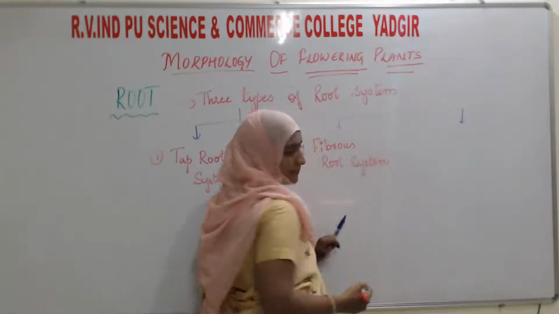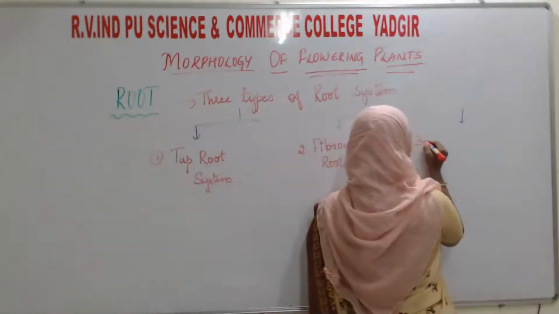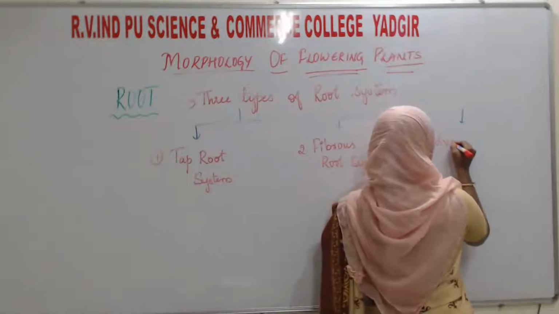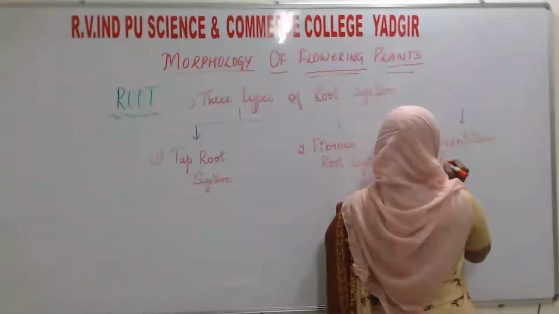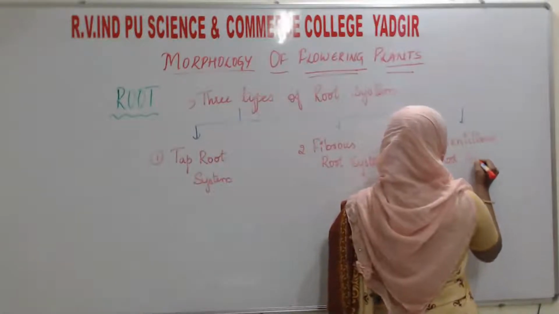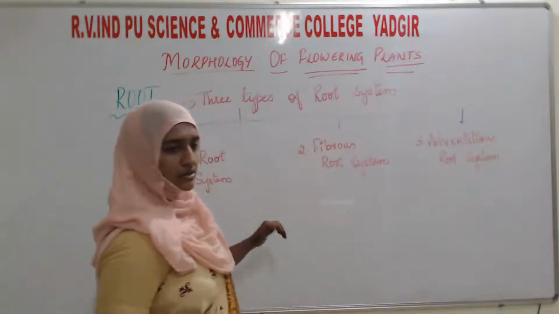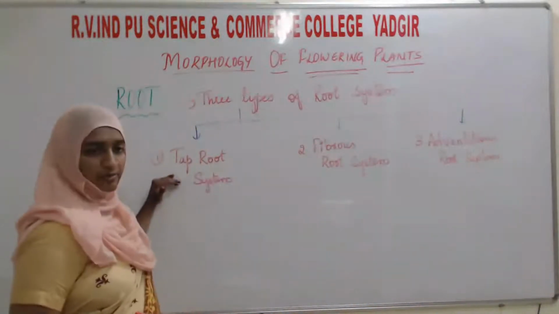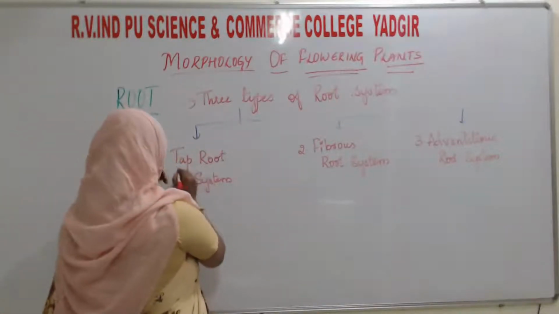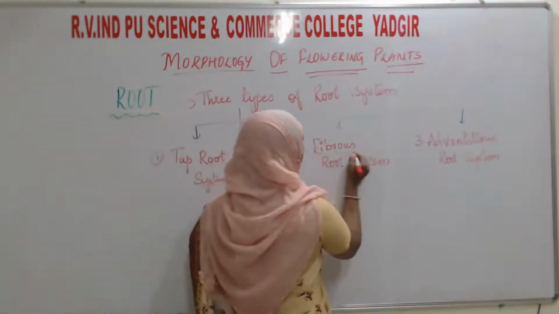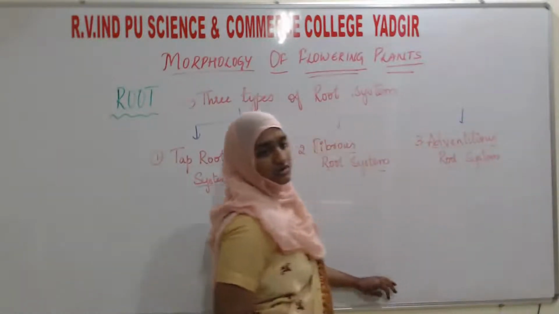And the third one is the adventitious root system. Taproot system, fibrous root system, and adventitious root system.